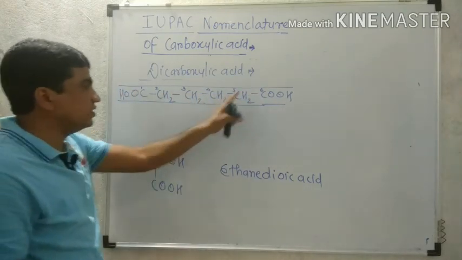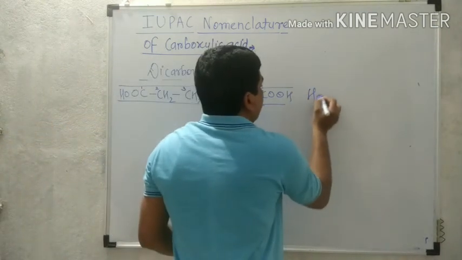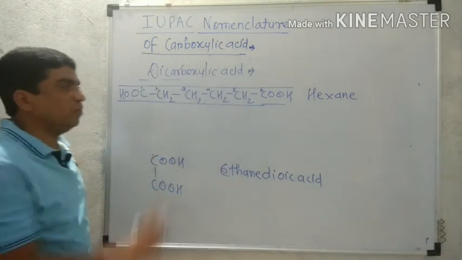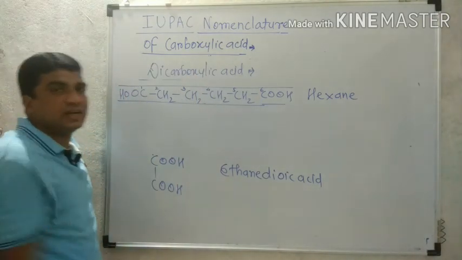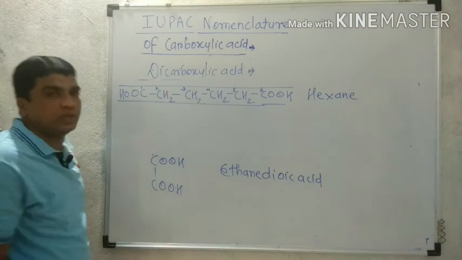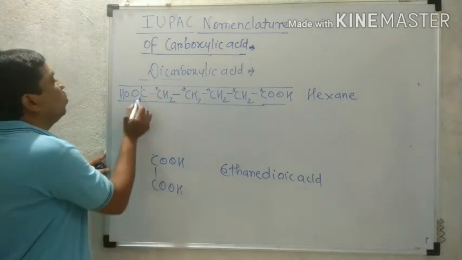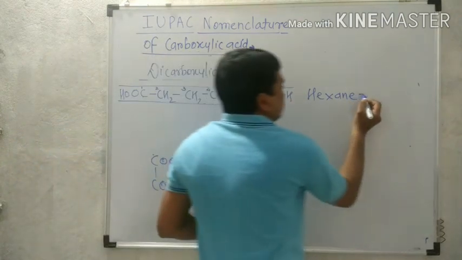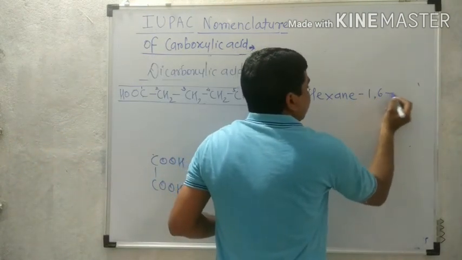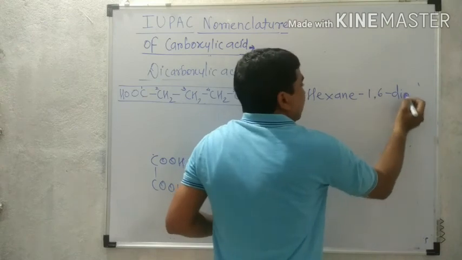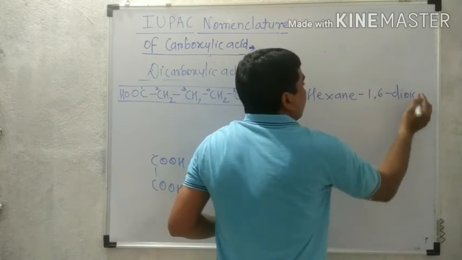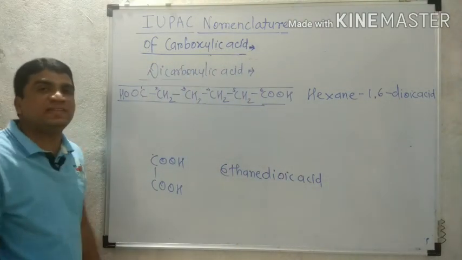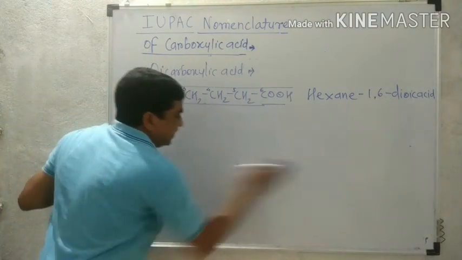How many total carbons? 6. Therefore it is a derivative of which alkane? Hexane. No need to replace the ending E if the structure contains 2 or more than 2 COOH. Here the COOH groups are present at the first and sixth carbon, so write their positions 1, 6. How many are there? 2, di, and for this carboxylic acid group, OIC acid. Now the complete name is hexane-1,6-dioic acid.